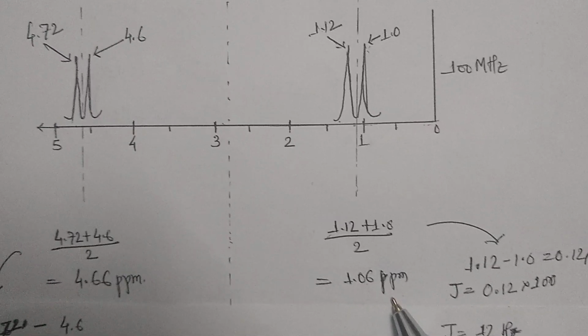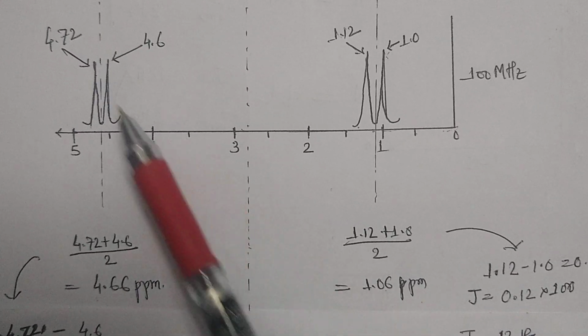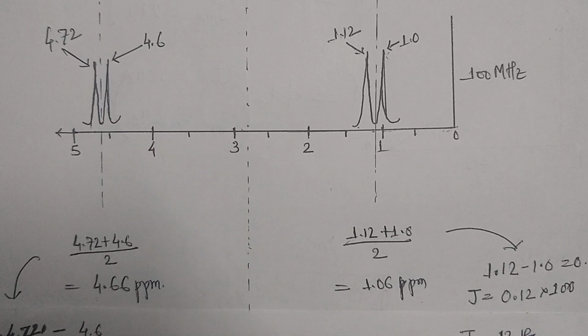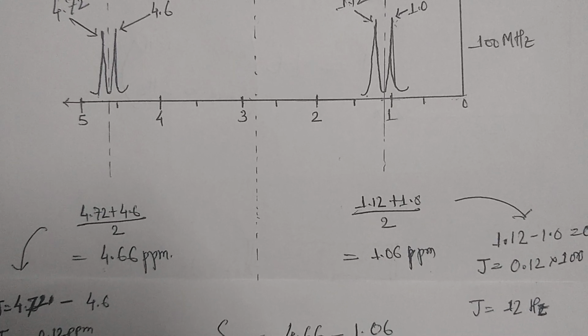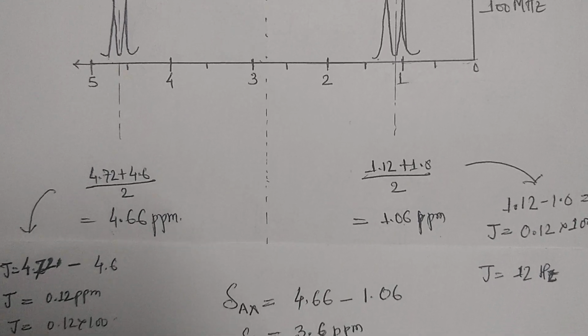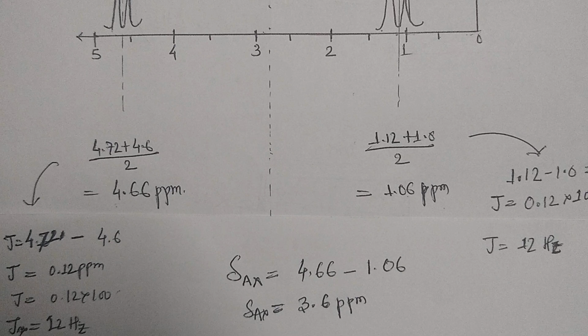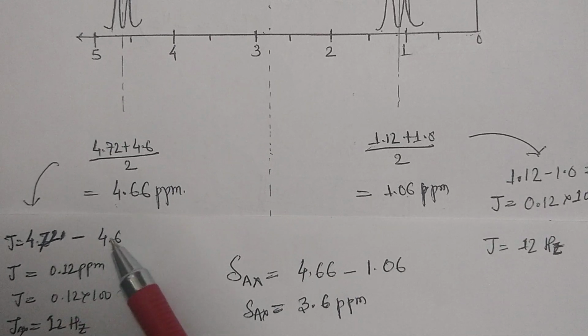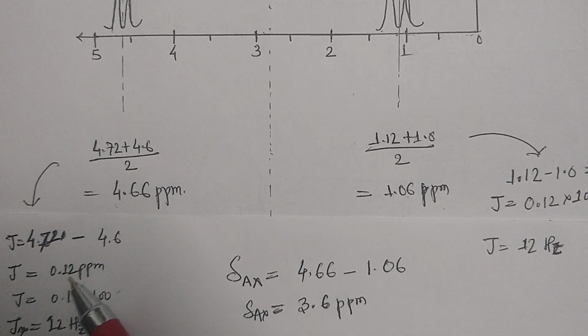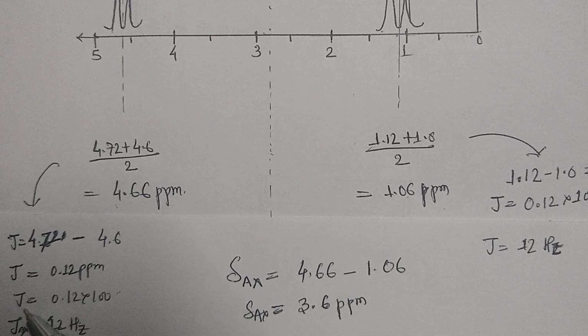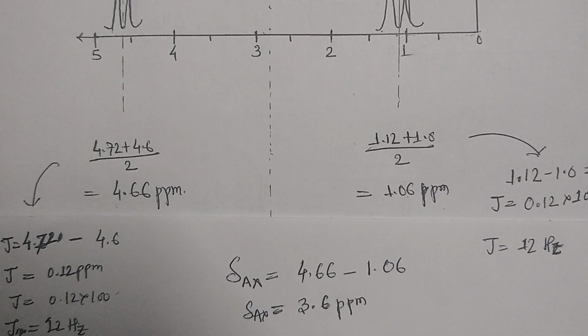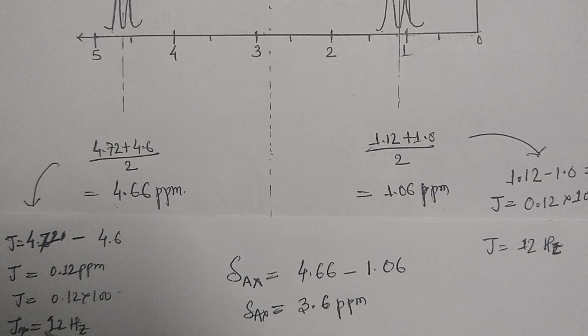Similarly, for this peak over here, that is a doublet multiplicity, we can calculate the coupling constant as 4.7 minus 4.6, that is 0.12 ppm, so J will be 0.12 into 100 hertz. JAX will be 12 hertz.